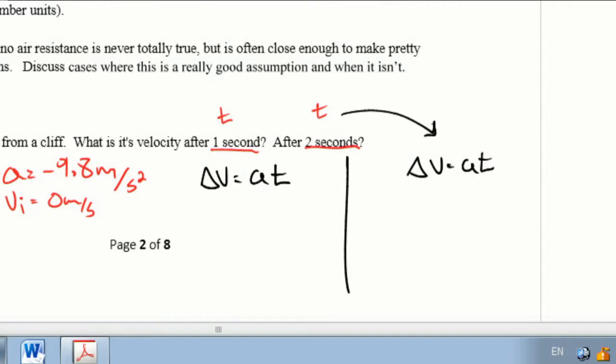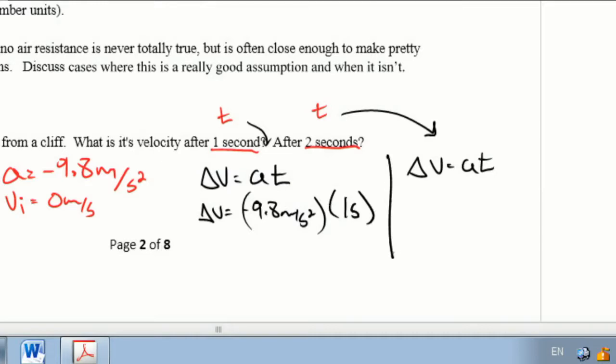So this is the 2 second, this is the 1 second calculation. The acceleration is negative 9.8 meters per second squared. My time is 1 second. So my change in velocity is going to be negative 9.8 meters per second squared.